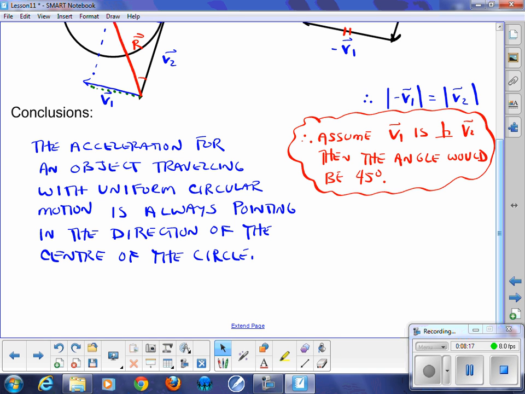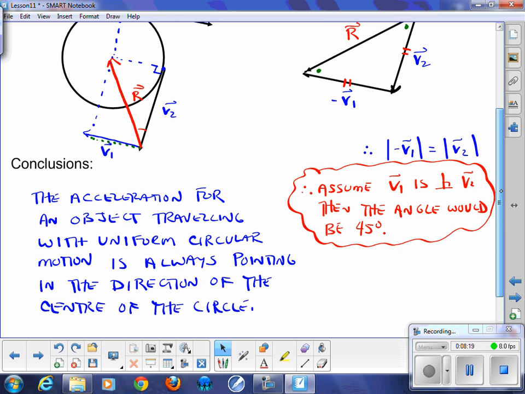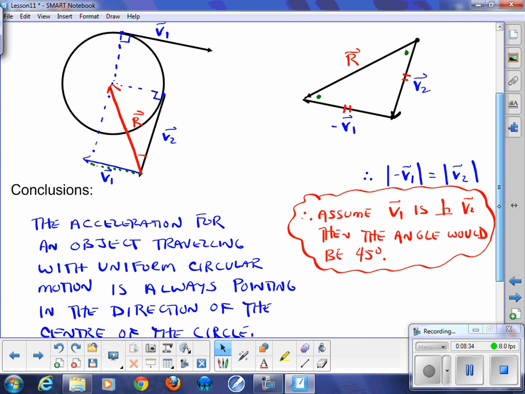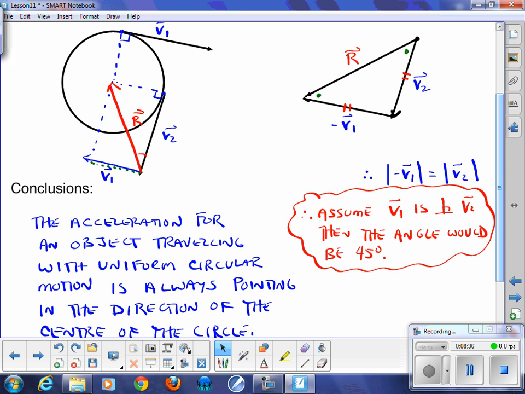What I really should have done is drawn my V1 and V2 vectors up above, shorter than the radius of the circle, just to help keep things in perspective. But like I said, we can go through and I can show you the geometry in class. It's easier if you envision that V1 and V2 are perpendicular to each other, which I drew that way because they're equal magnitudes, the sides of the triangle.